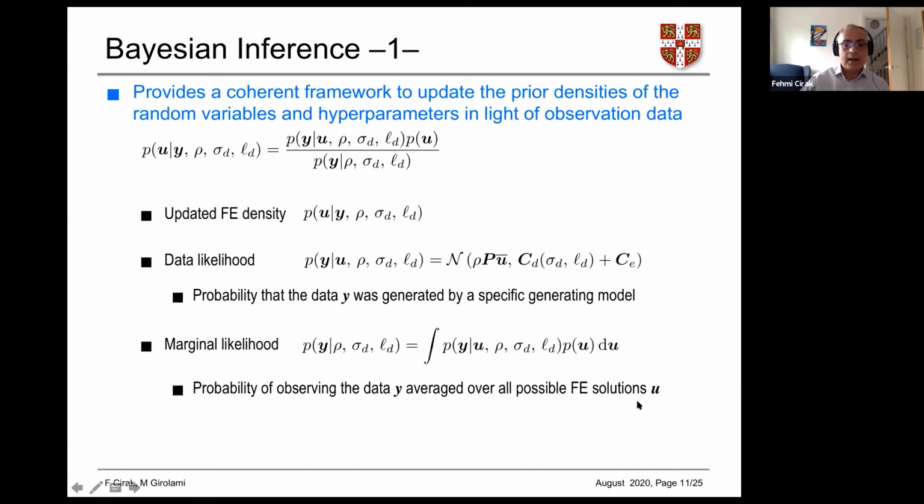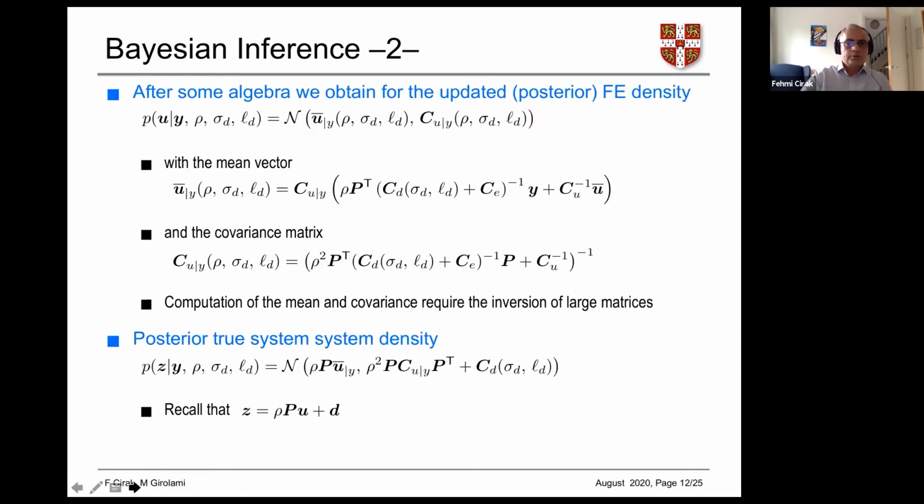One side comment: because we have been using all Gaussian or normal distributions, all these terms, like the data likelihood and marginal likelihood, have closed-form expressions. They are normal distributions. The advantage of normal distributions is that we can derive closed-form solutions.